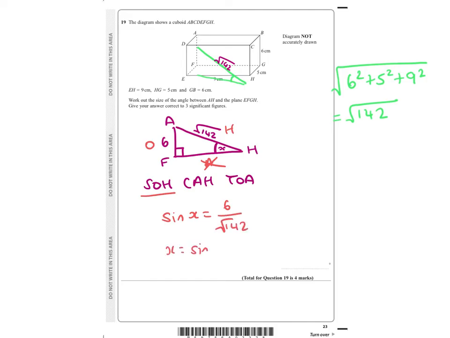X equals sine to the minus 1 of 6 over the square root of 142. So 6, shift sine, 6 over root 142, which equals 30.232. To 3 significant figures, that's 30.2 degrees.